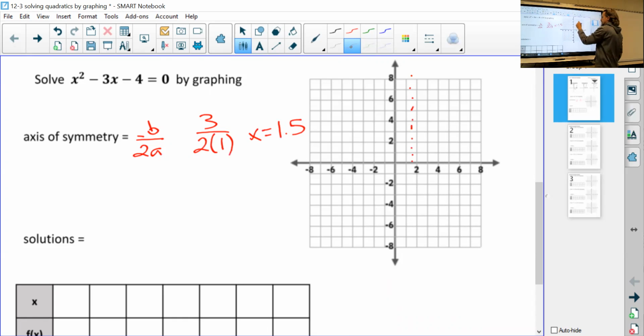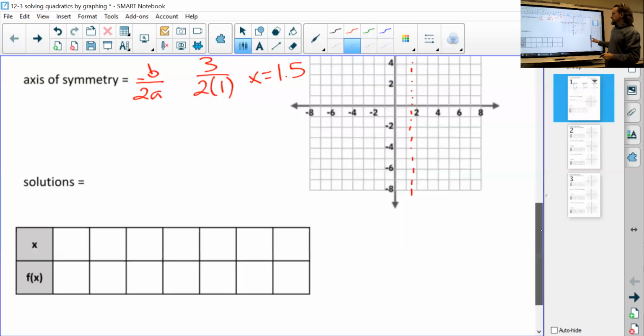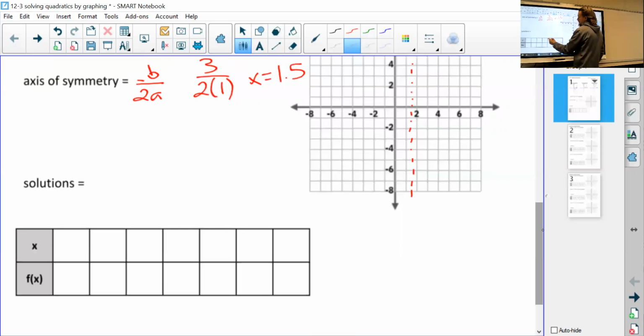So I can graph that. Since I don't really want to have to deal with decimals, I'm going to check out x values 1 and 2.